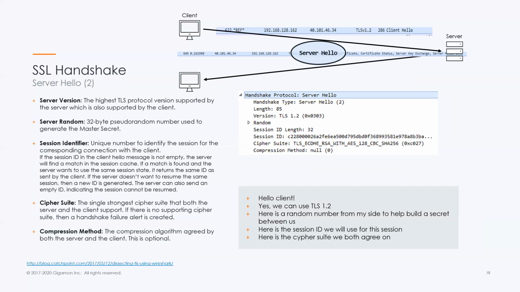If the client hello session identifier was empty, then this is a new session. Then the next piece is the cipher suite. So this is the strongest cipher suite, in descending order from the server, that the server would like to use. And then the compression method that has been agreed upon by both the server and the client.